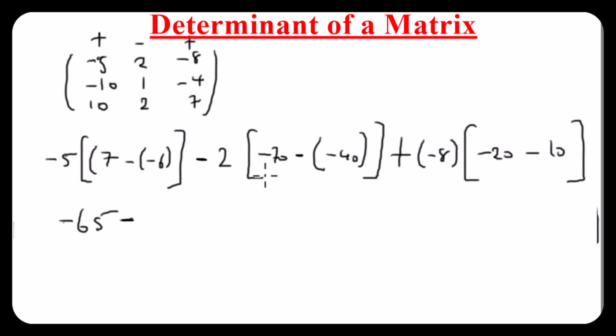So that's -30. -30 times -2, so that's plus 60. And lastly, -20 minus 10, so that's -30. -30 times 8, so that's 240. A little bit negative, yeah, or positive. So plus 240. Okay, so 65. So that's -5. So I think our answer is 235.